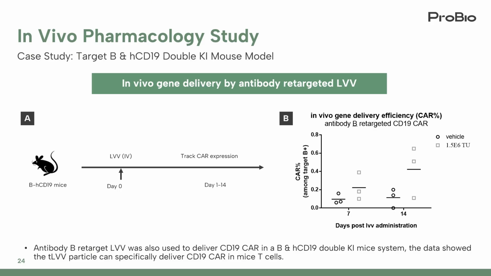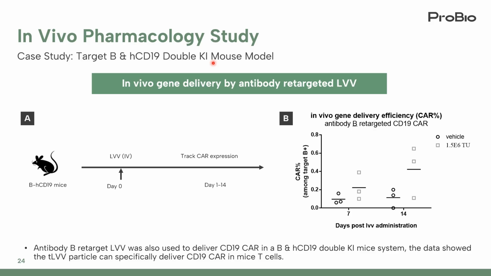In a separate case study, we did a similar experiment using a different mouse model. Instead of transplanting human PBMC, the endogenous genes of CD19 and the T cell biomarker B were replaced with the human version.